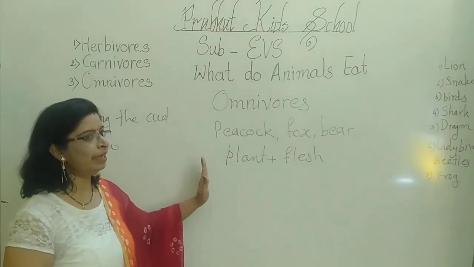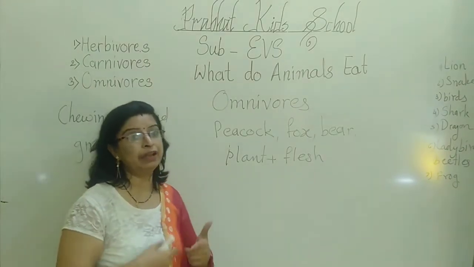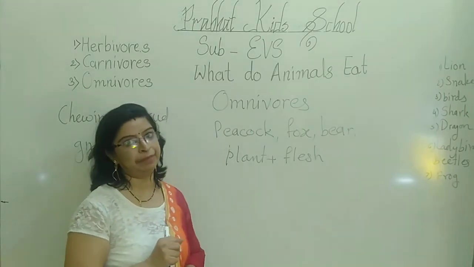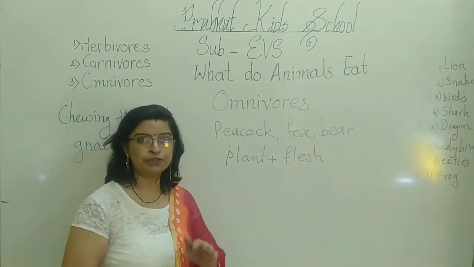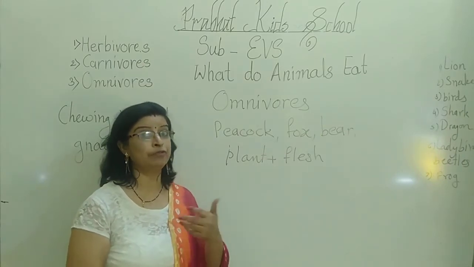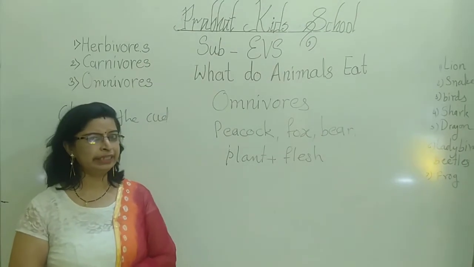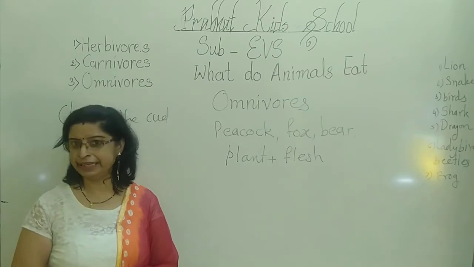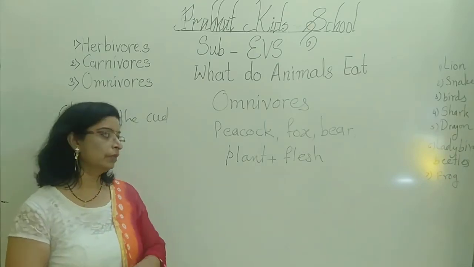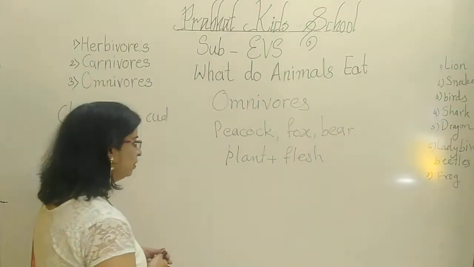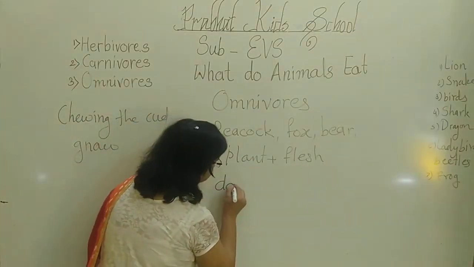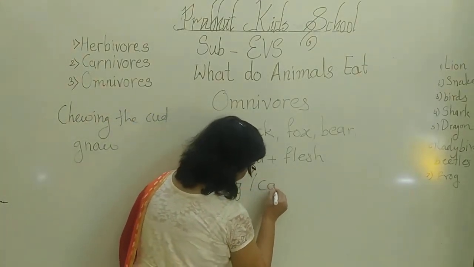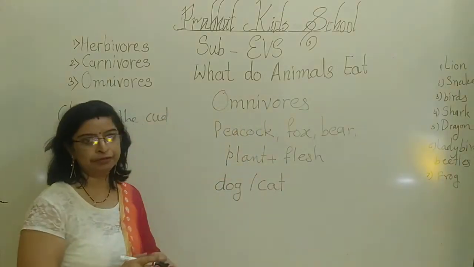So these are the omnivorous animals. Apart from these, some animals have different feeding habits. If you observe the dog or the cat, how do they take their food?